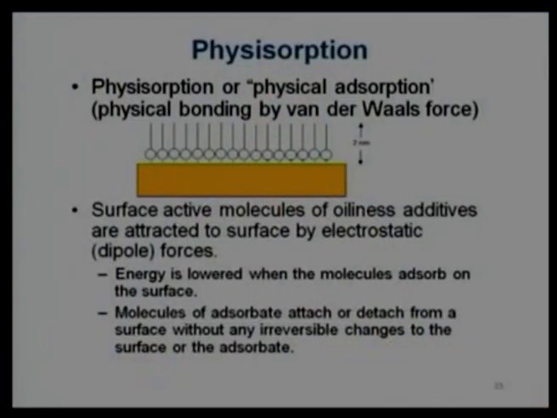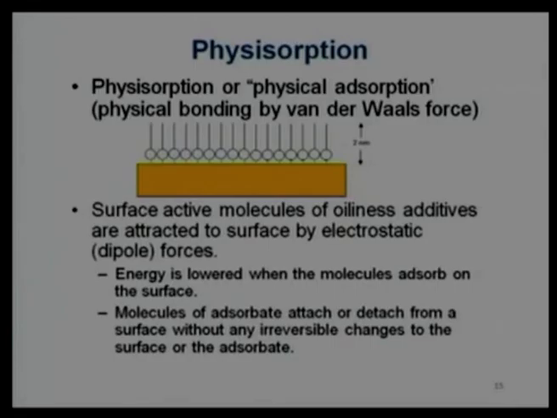As in the last lecture, we discussed there are two modes of boundary lubrication. One is physical attraction or physical attachment of the lubricant layer on the surface. Another one is chemical attachment. Chemical attachment is more like corrosion, what we call a sacrificial layer, while physical adsorption is nothing like a sacrificial layer.